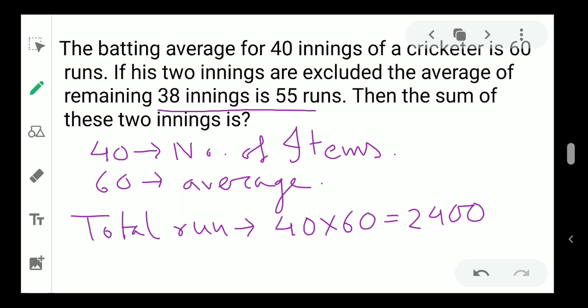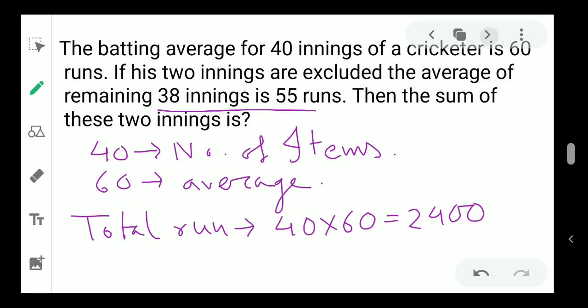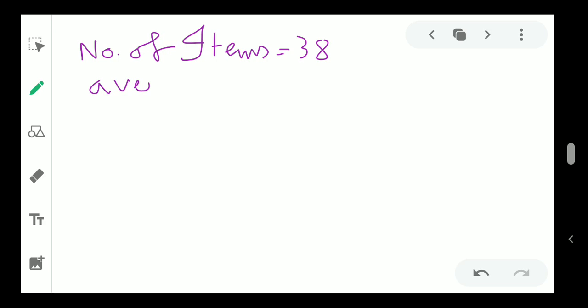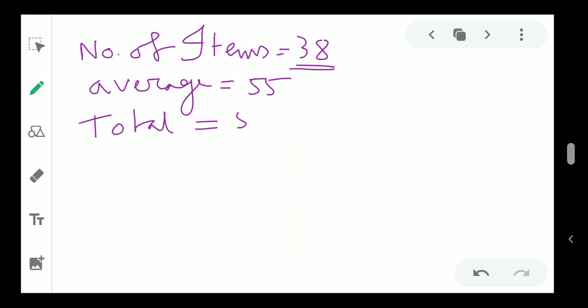So in that case, your number of items is 38, and your average is 55 runs, right? So the total run in 38 innings is 55 into 38.